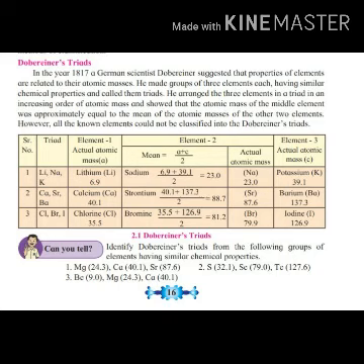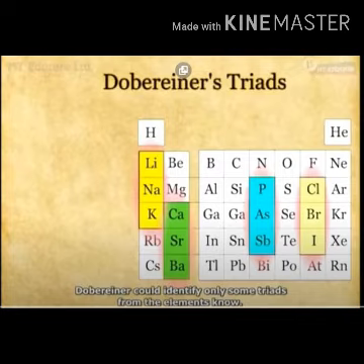Students, as you can see in the example, the mean of the atomic mass of lithium, 6.9, and potassium, 39.1, is equal to the atomic mass of sodium, that is 23. Similarly, the triad rule is obeyed in a few more examples like chlorine, bromine and iodine. As this classification was a primitive step, Dobereiner could identify only some triads from the elements known.